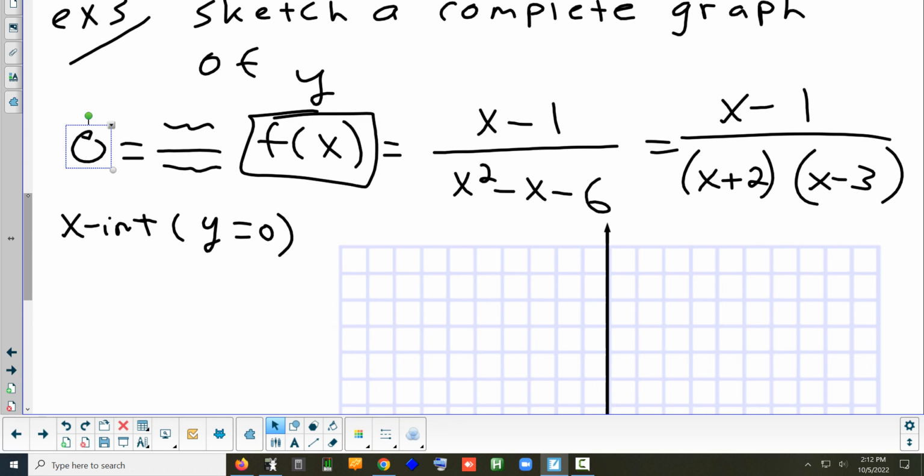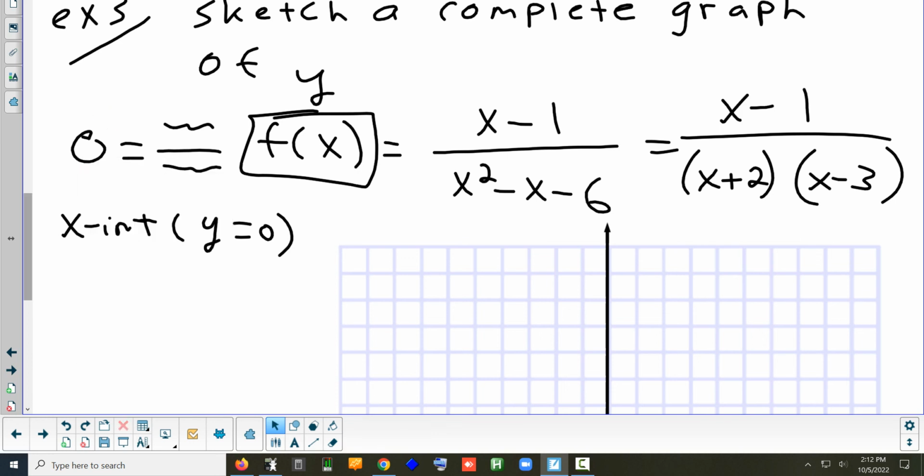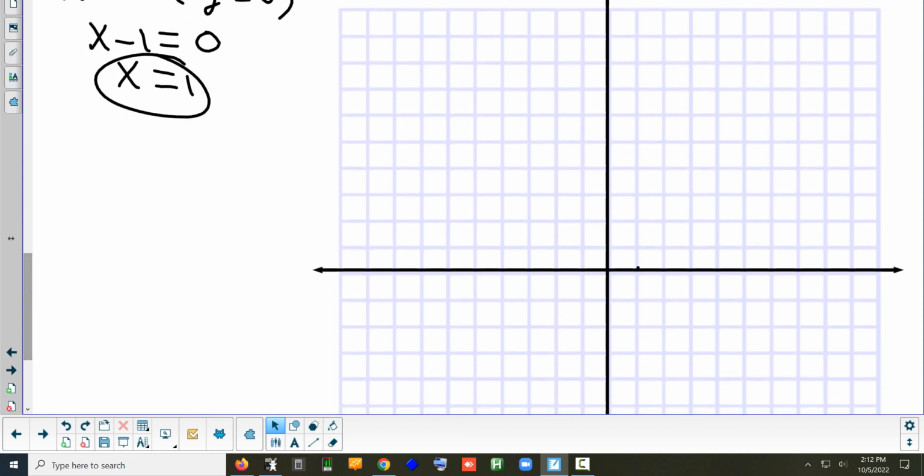So the way that you can set a fraction equal to 0, which is what we have to do because the y is over by itself right here, for this fraction to equal 0, the top has to equal 0. Don't worry about the bottom, just the top. So what would be the x-intercept? 1. So this graph crosses the x-axis at 1.